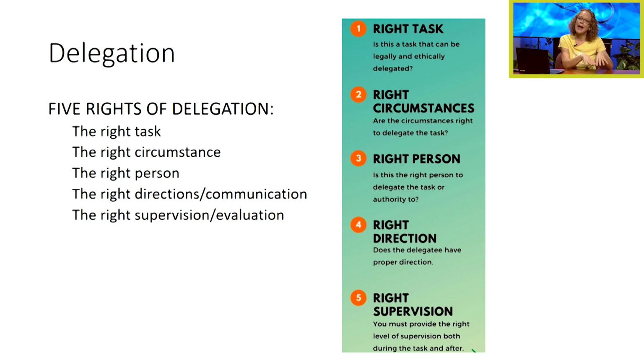I need you to do that now, and then I need you to report that back to me within the next 15 minutes, okay? Because then you're giving the right kind of direction on timing and supervision and evaluation, in that you're getting that information back so that you can act on that information.